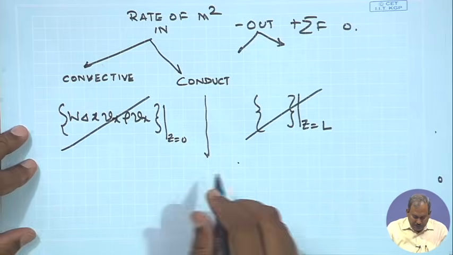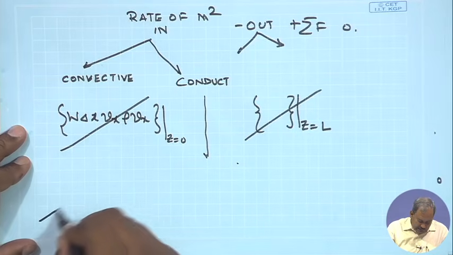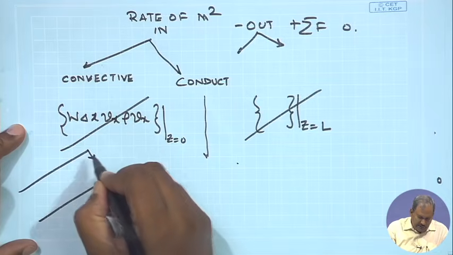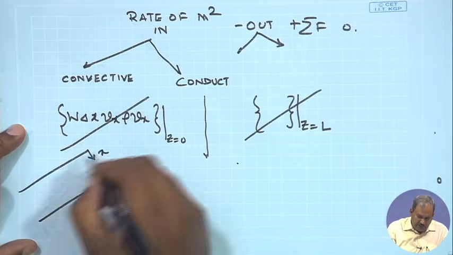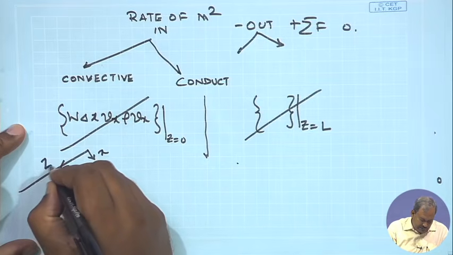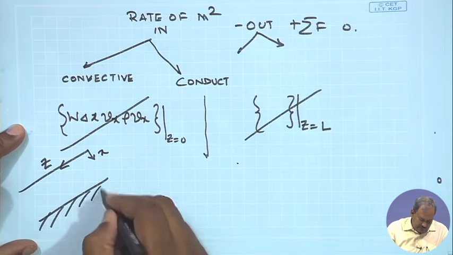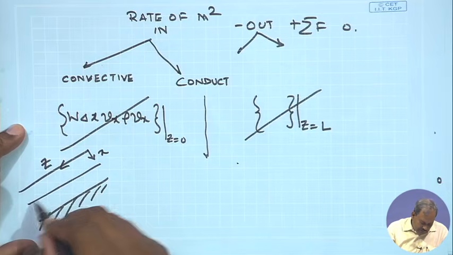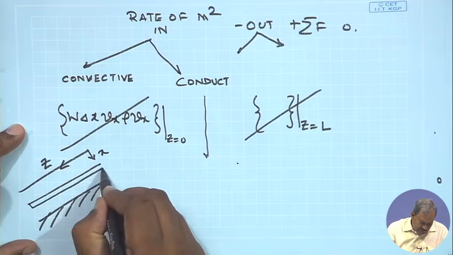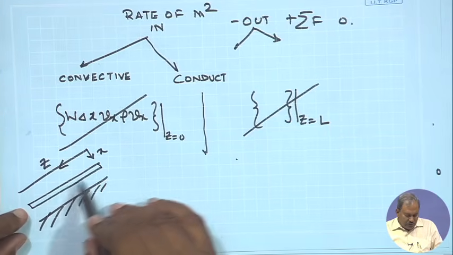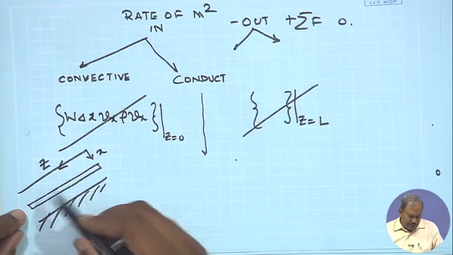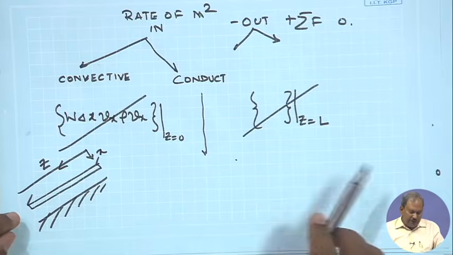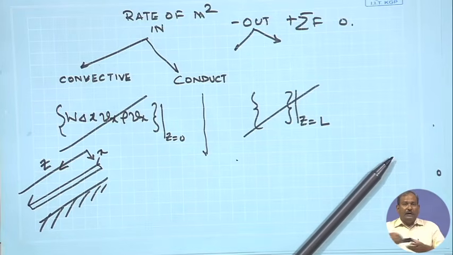In order to do that, we need to realize that this is the x direction, this is my z direction, and this is the solid plate, and my control volume is situated over here. So, if my control volume is situated at this location, then I have the top plate like this, and the control volume like this.